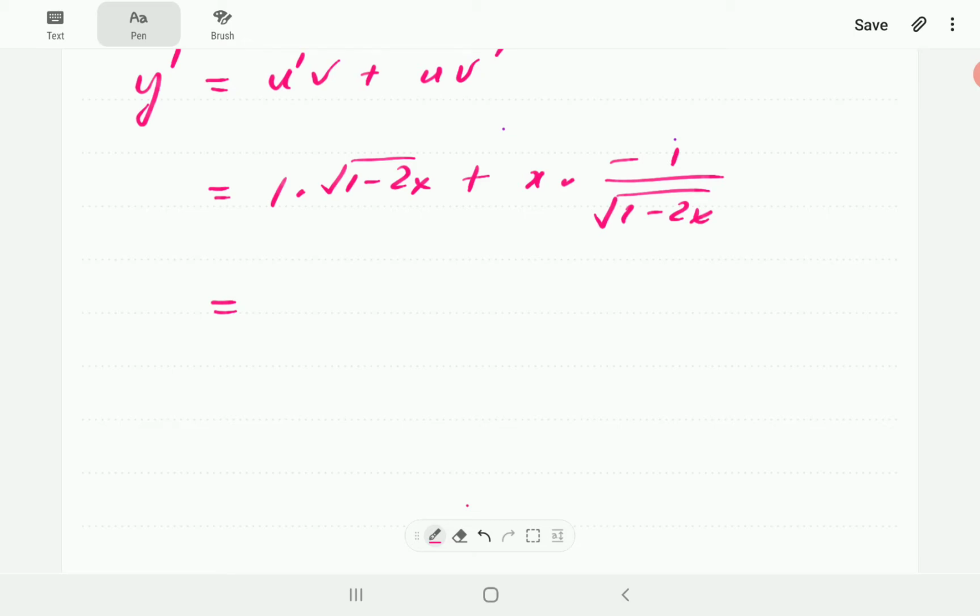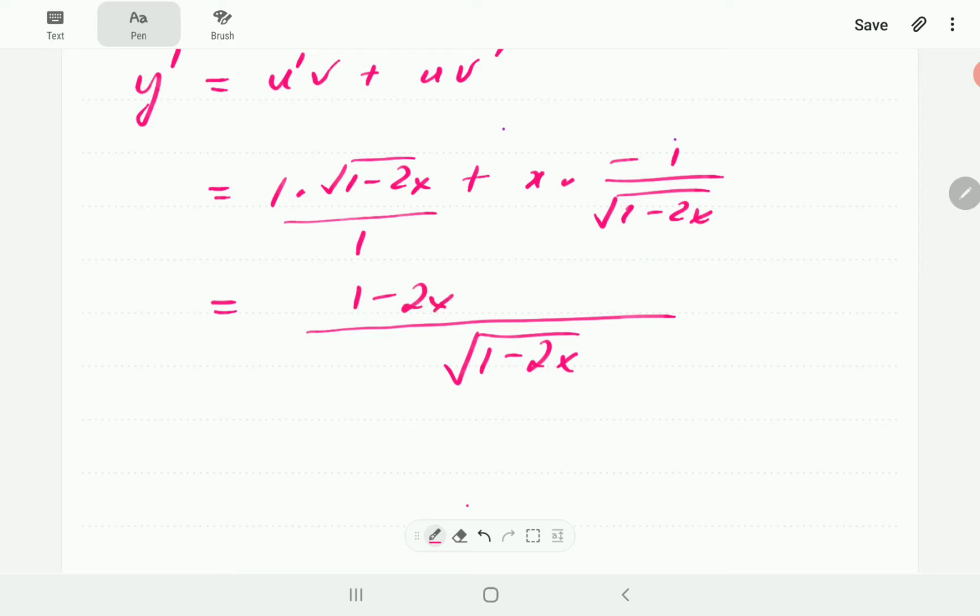So if you write this as one fraction, we're going to say this over 1, then the LCM is just the square root of 1 minus 2x. 1 goes here this many times, so this times this is just going to be 1 minus 2x. Then notice there is a minus here.